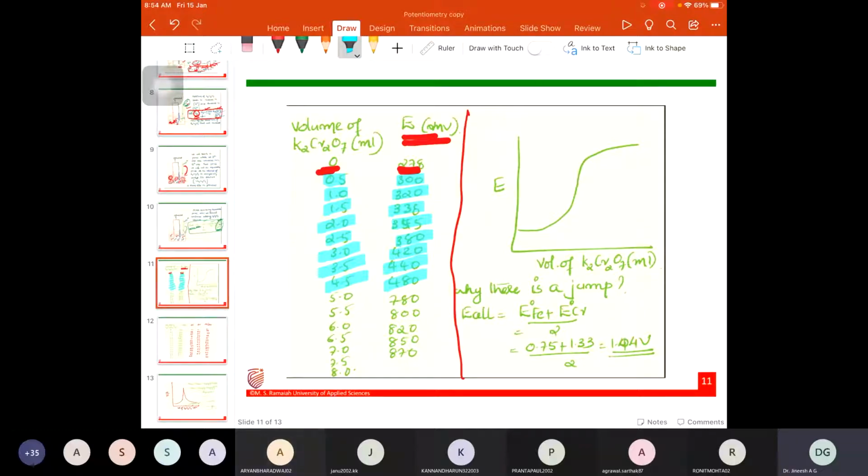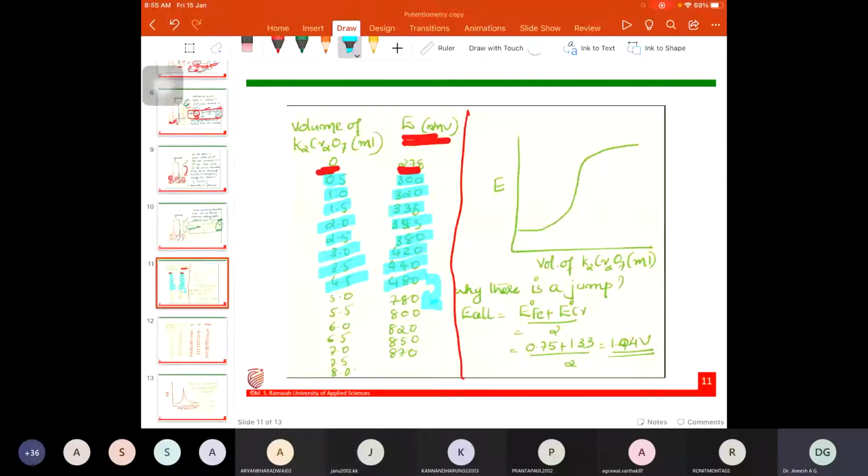But at a particular point, for example, here at 5 ml of potassium dichromate addition, from 480 to 780, a jump. Could you see that jump? Around 300 millivolt suddenly increased. This indicates that you reach the end point or equivalence point.